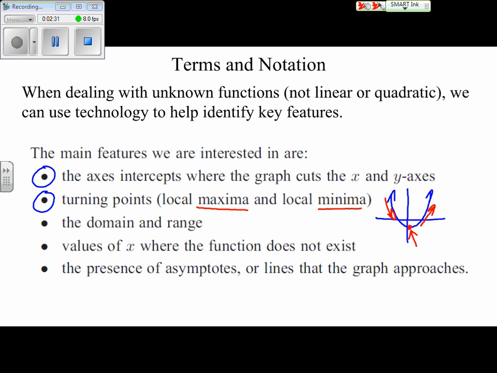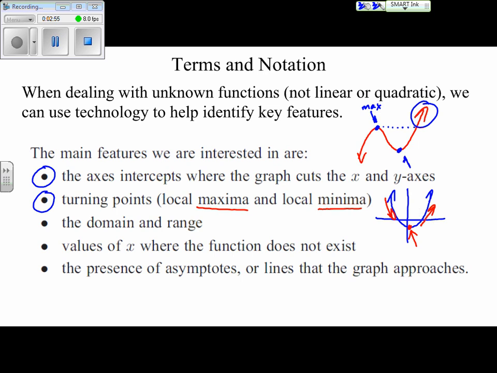Well, local, like if I have a couple turns like this, on that curve I have a maximum right here. But is it really the highest point that we ever get to? No, because all of this part of the graph right here is actually going higher. But for a while, it was the highest point. It was the highest point compared to anything immediately to the left or to the right. And then the same thing would be true for this minimum down here.